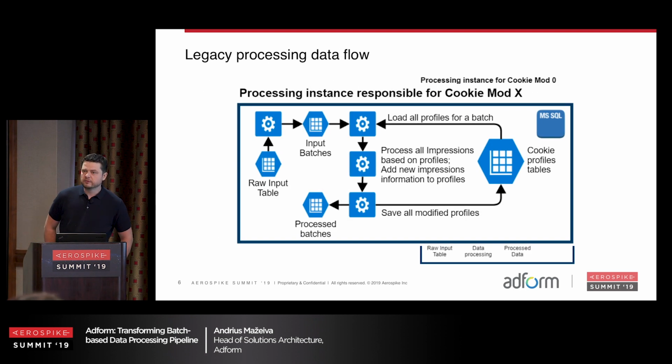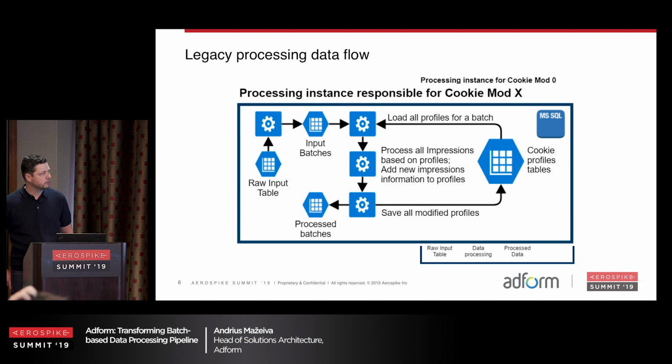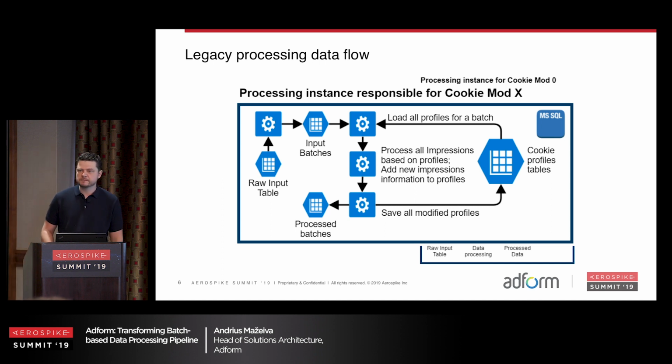So let's take a look at the legacy processing data flow, how it looked when I joined Adform and the challenge I had. We have Kafka, where all the initial information, the logs, lands. And we have some processing instances which are responsible for doing all the attribution. Inside each instance, we have a Microsoft SQL Server, which was used as the main storage.